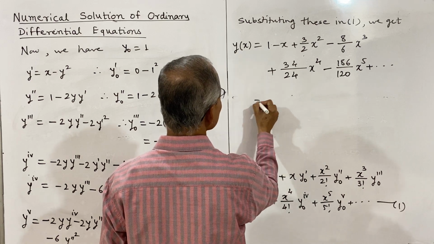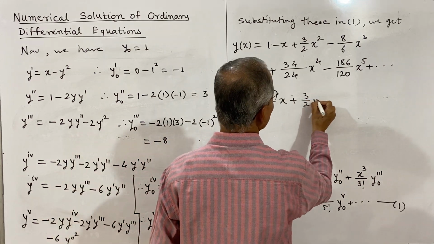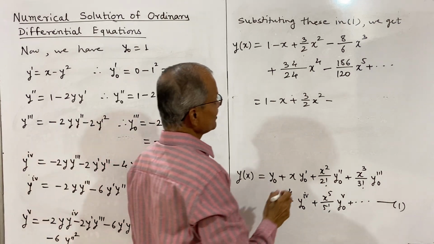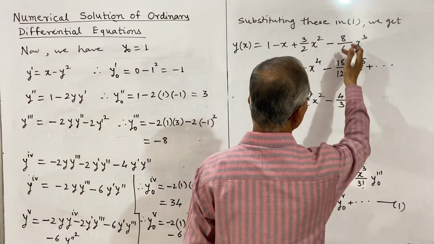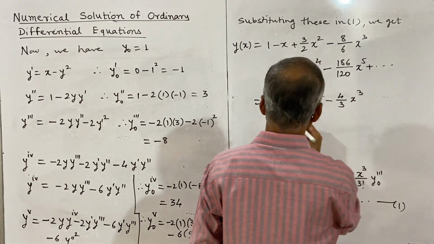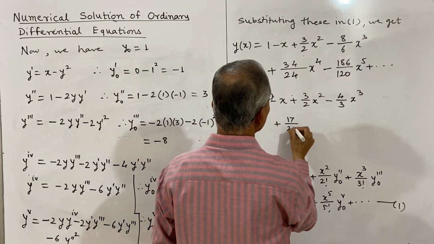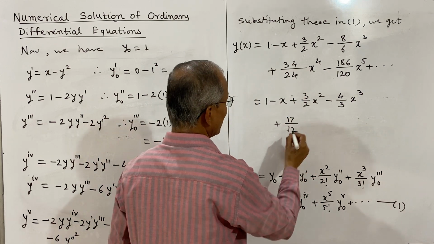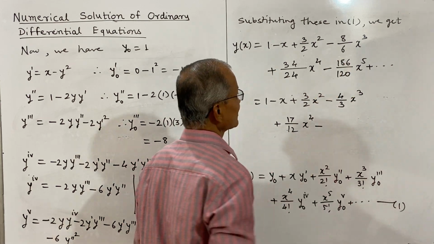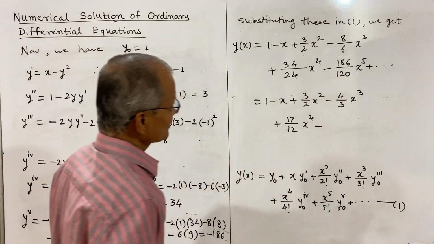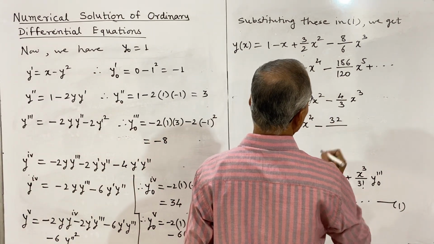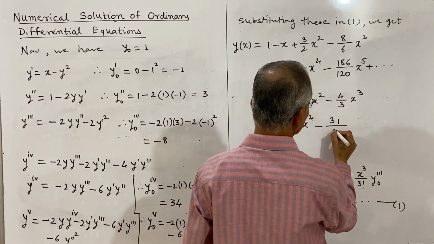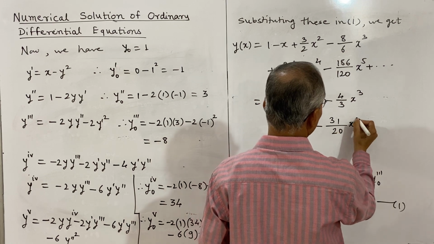This is equal to 1 minus x plus 3 by 2 x square minus, this can be reduced or written in brief form, 4 by 3 x cube, and plus 17 by 12 x power 4, minus, this can also be divided by 6, so this is 31 by 20 x power 5, and so on.